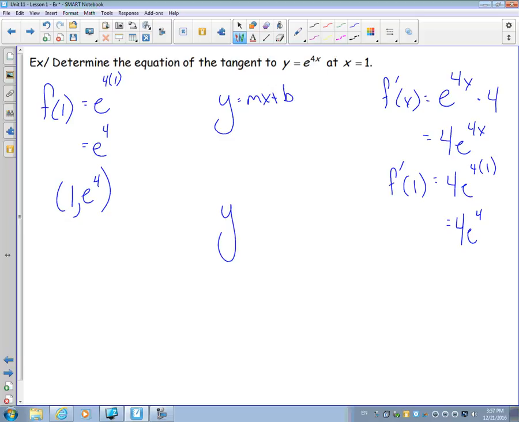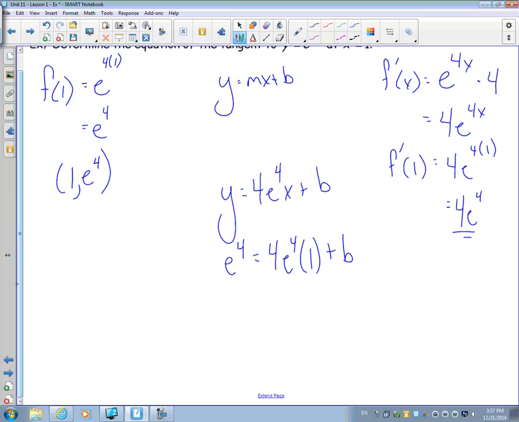My slope at 1 is 4e to the 4. My point at 1 is e to the 4 for y and 1 for x. So we're involving the equation with a lot of e's in it, but it's keeping it exact for us, as opposed to big long decimals that we don't want to prematurely round.